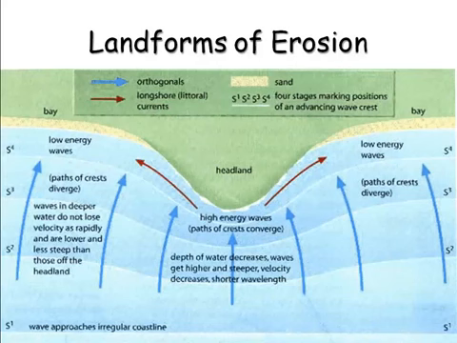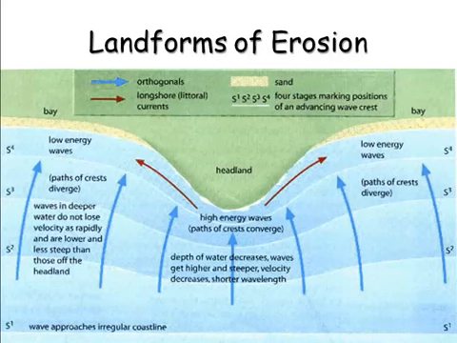The reason for that is what's called wave refraction. The blue lines, called orthogonals, mark the position of successive crests of waves. At a headland, those orthogonals, the paths of those crests, converge on each other.